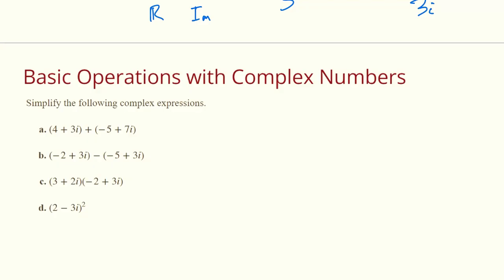Very first lesson I did in 1.3, I said, hey, if you have two expressions separated by a positive symbol, what do you do with those parentheses? Just remove them, just drop them, right? And then you can rewrite it. So notice I could rewrite this as 4 plus 3i. But when I drop it, notice there's a -5 there. So I'm gonna put that -5 there, but then I can just keep the 7i.